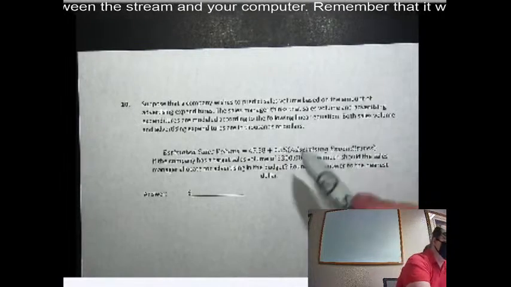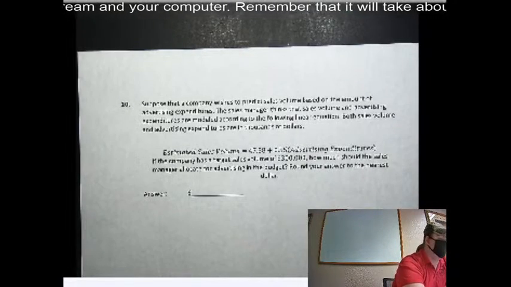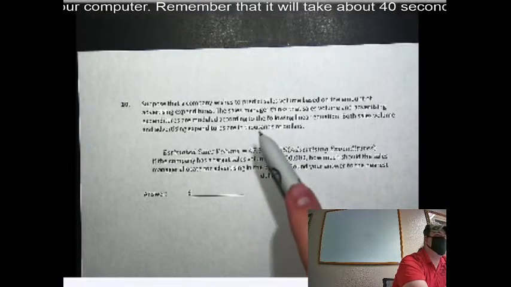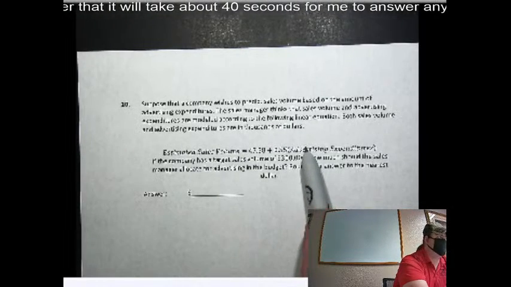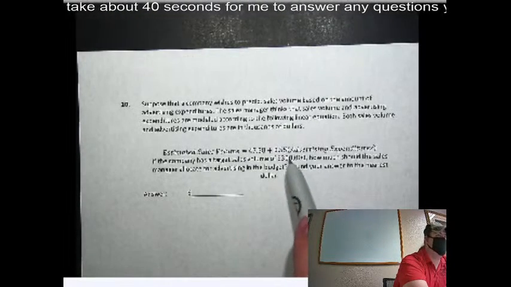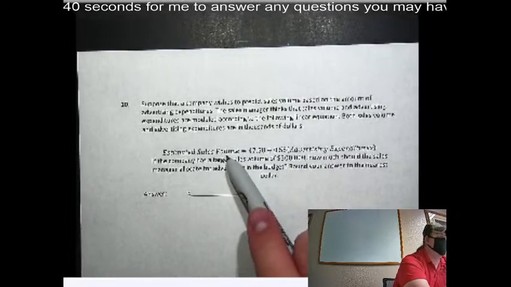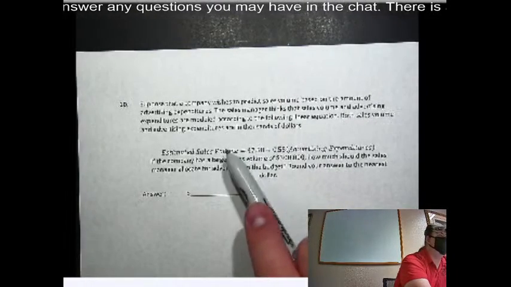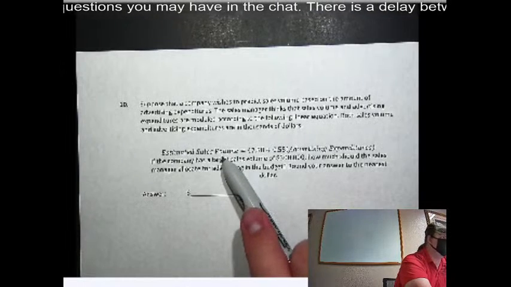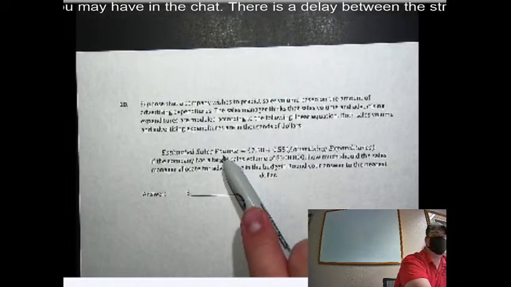So we need to plug in $300,000. Now remember, this is already in thousands of dollars. This is thousands of dollars, this is thousands of dollars. So when we plug in $300,000, we're not plugging in 300,000, we're plugging in 300 because this is already in thousands. Does that make sense?